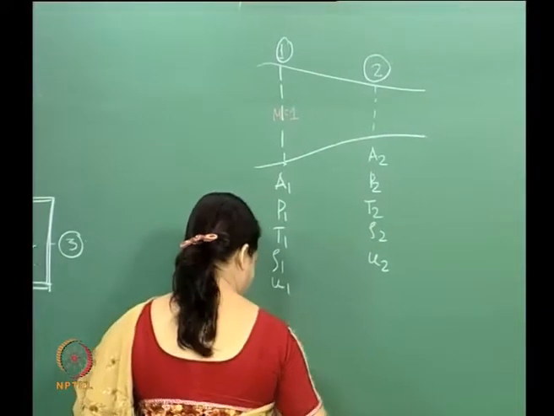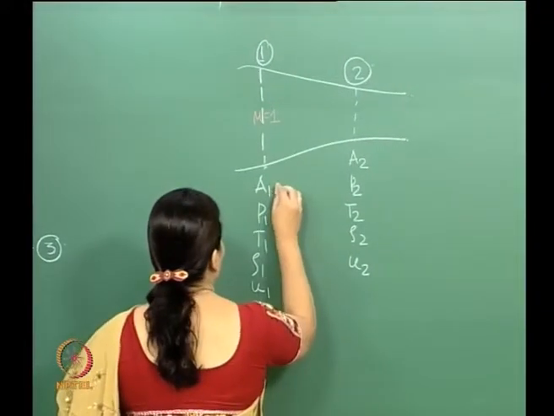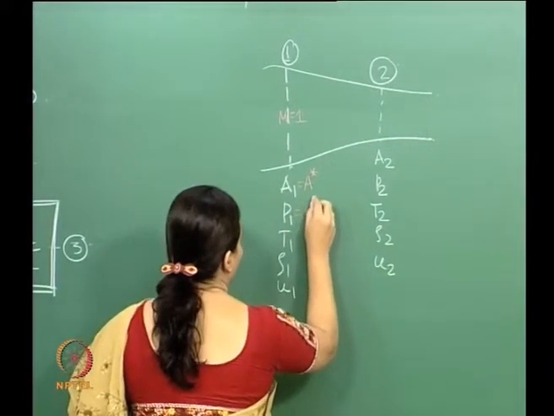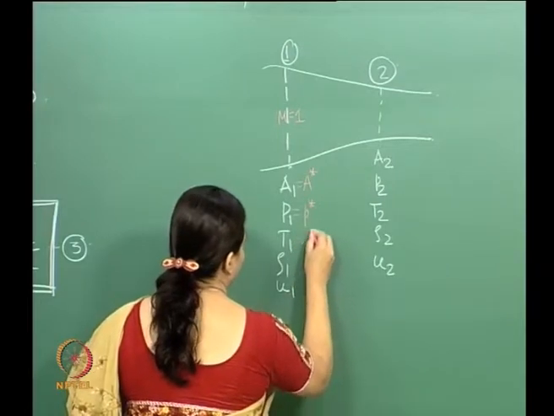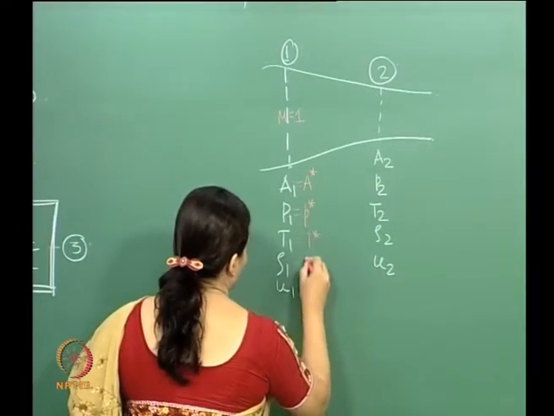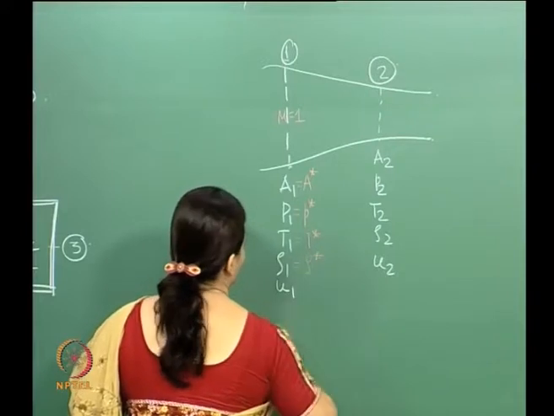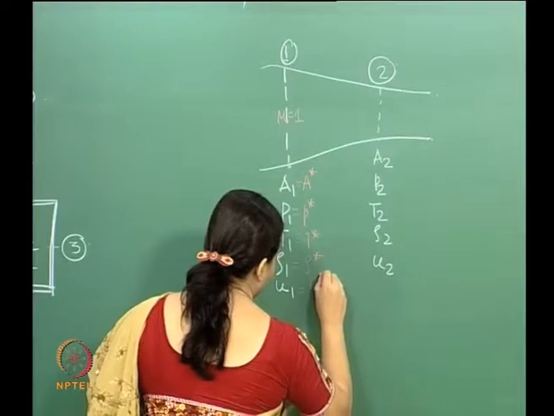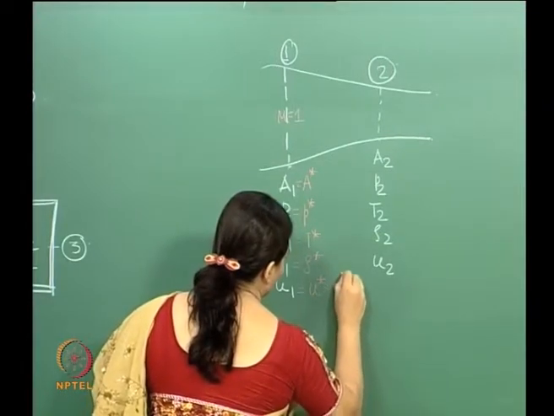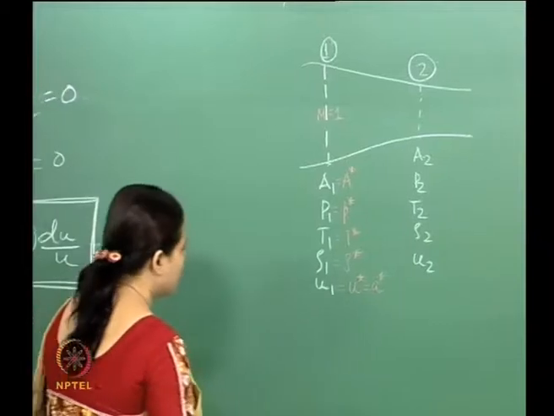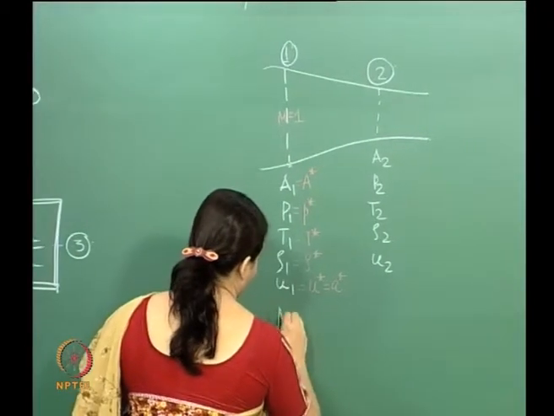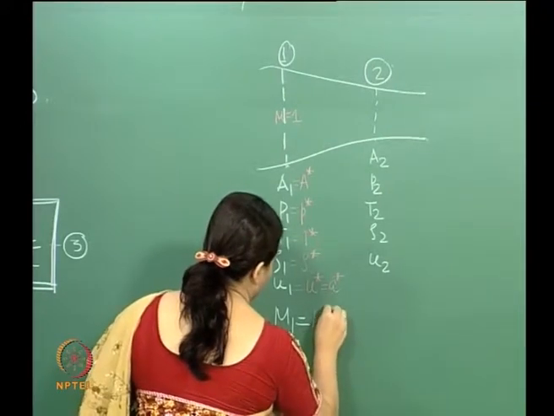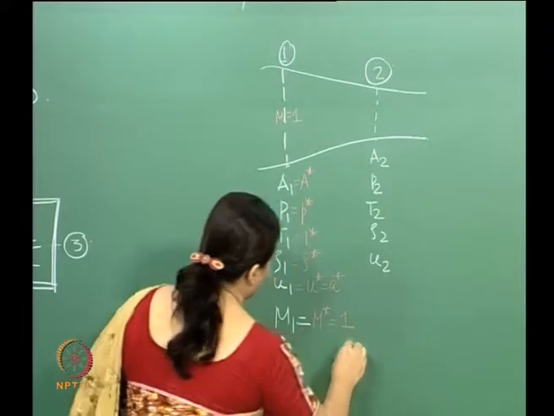So what this becomes here is A star, P star, T star, rho star, and U star. Again M1 is equal to M star, which is equal to 1.